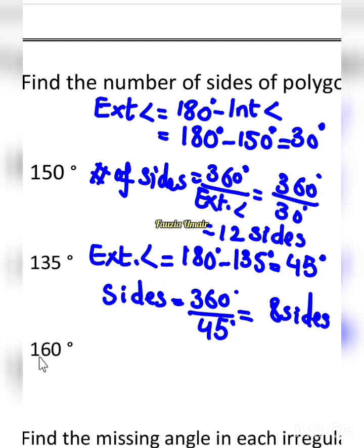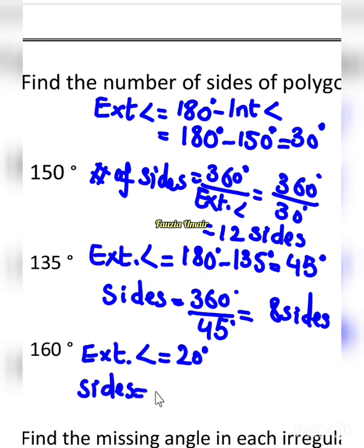So next is 160 degrees. The exterior angle would be 180 minus 160, so it is 20 degrees. And the number of sides would be 360 by 20, so it would be 18 sides.